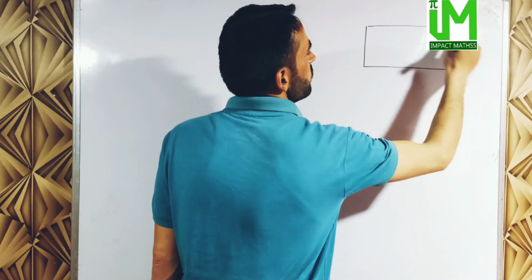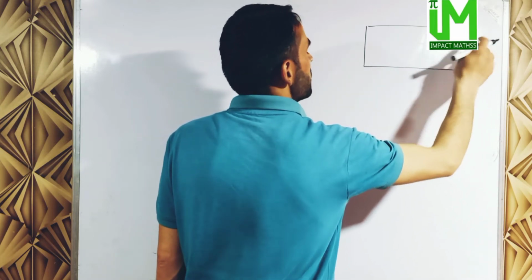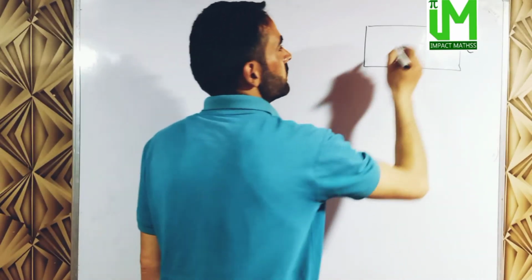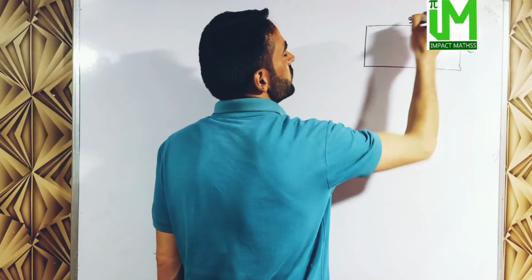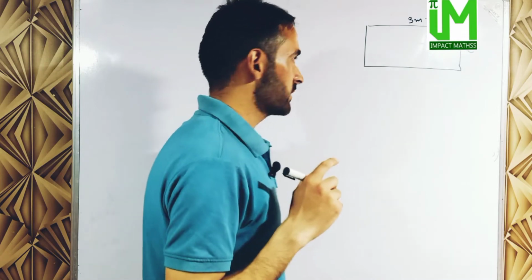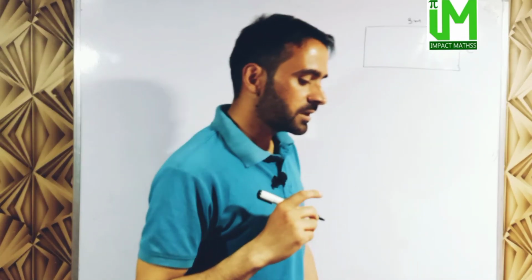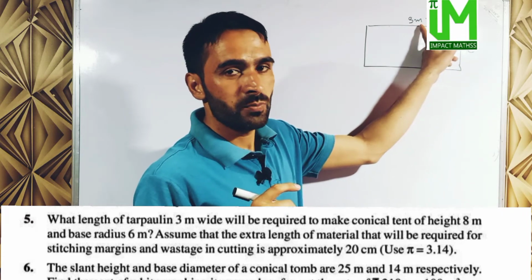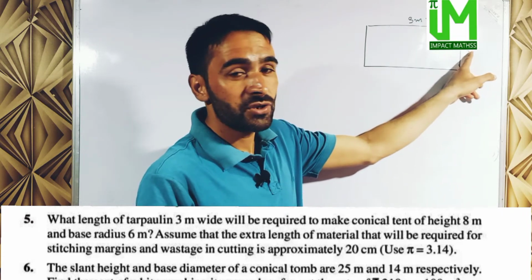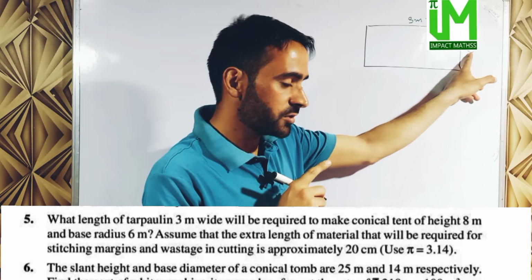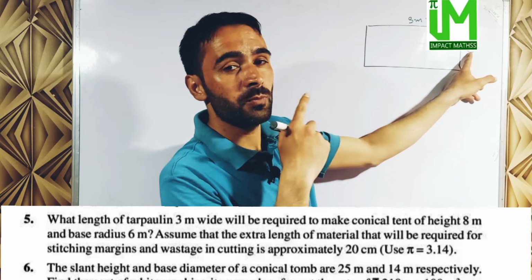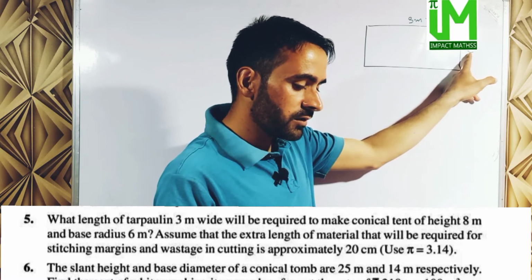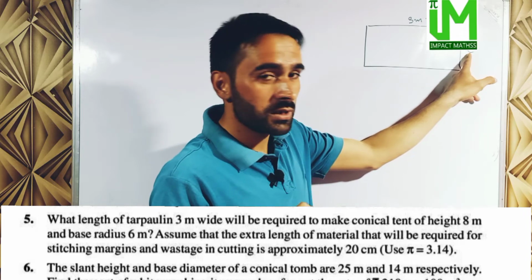So it is of length L, but it is given that it is 3 meter wide. So it is 3 meter wide. I will repeat the sentence: what length of tarpaulin 3 meter wide will be required to make a conical tent.